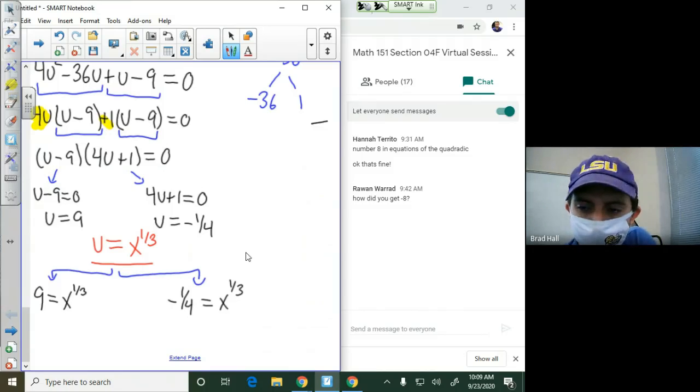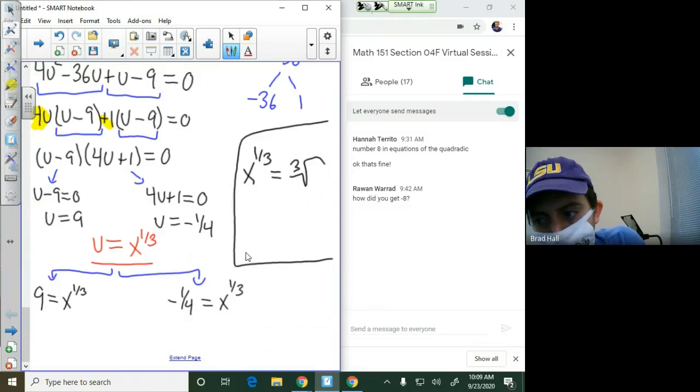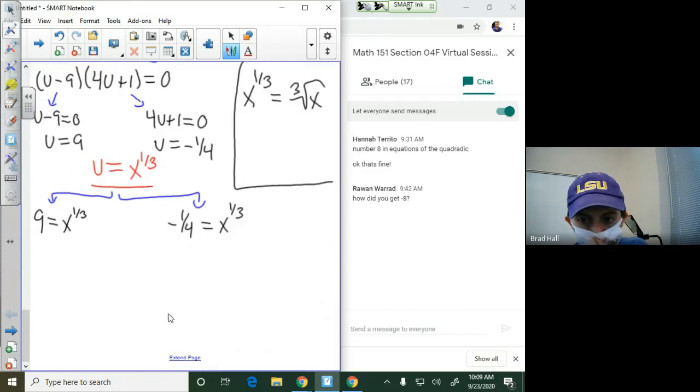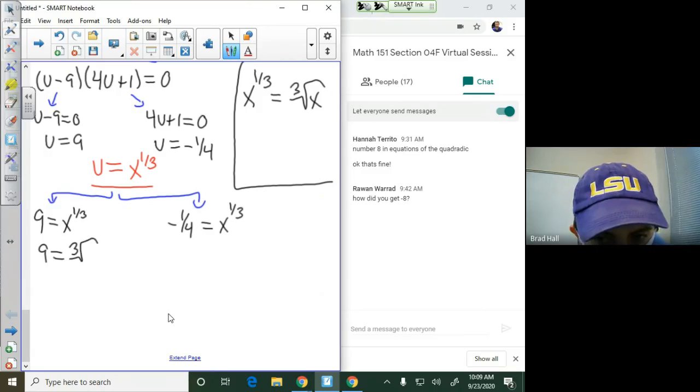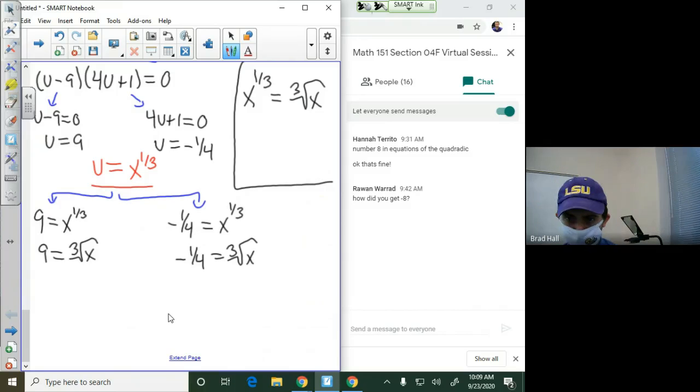So if you think about it, x to the 1 over 3 is the same thing as the third root of x. We talked about this in the radical expressions homework. As such, we can consider these as third root of x, third root of x, and we know how to get rid of a third root with a third power.